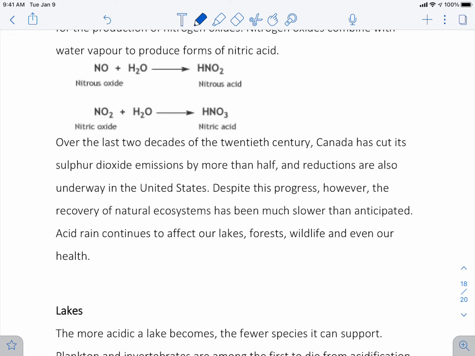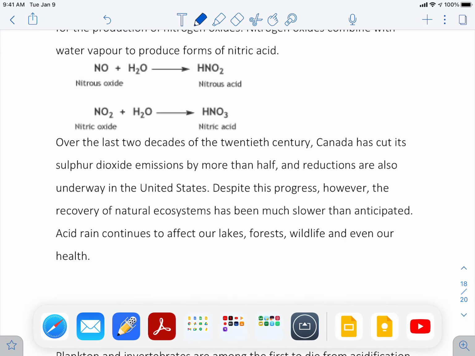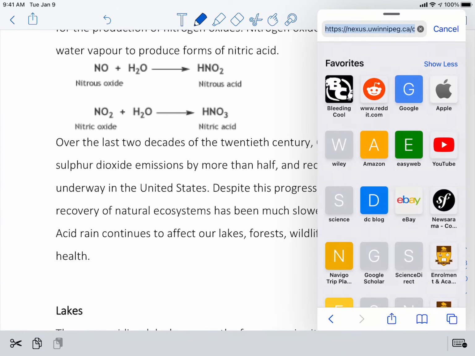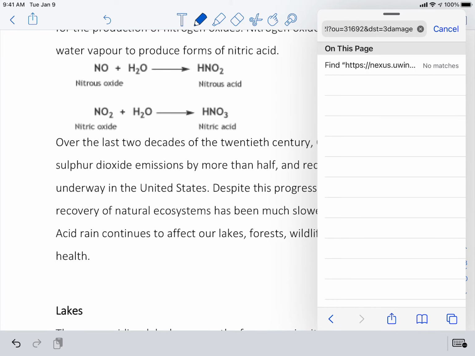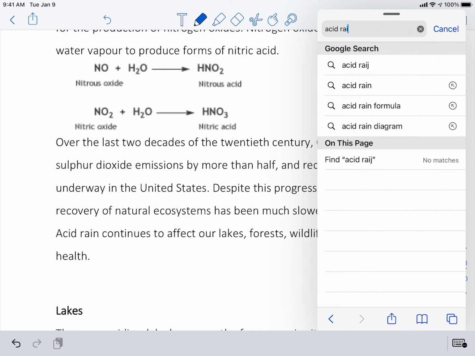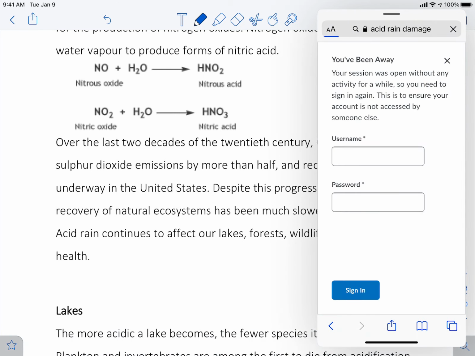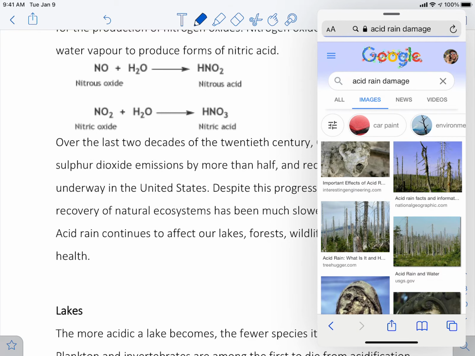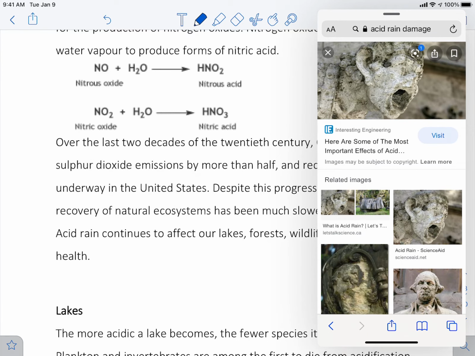If you want to see some examples of damage from acid rain, you need only look at places like Greece. You'll find that there's lots of examples of where acid rain has caused damage. There are things like statues.